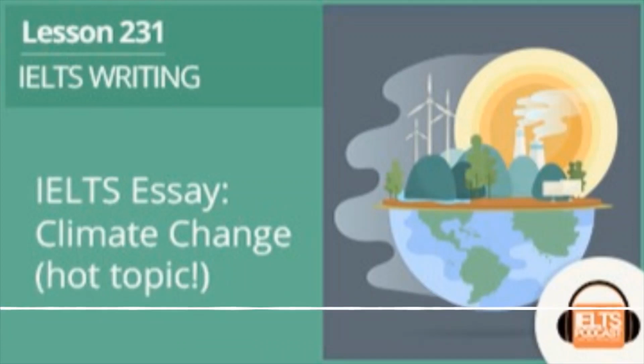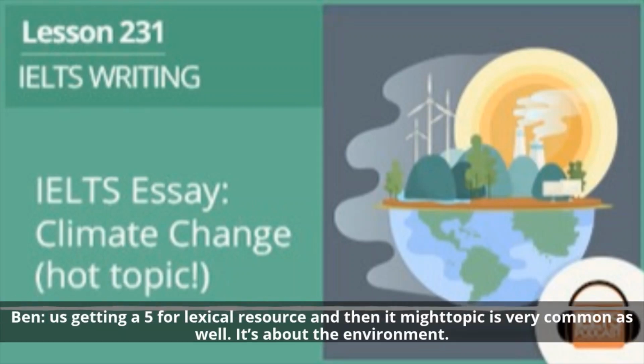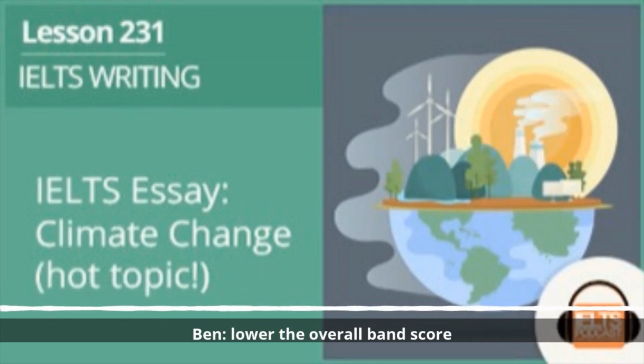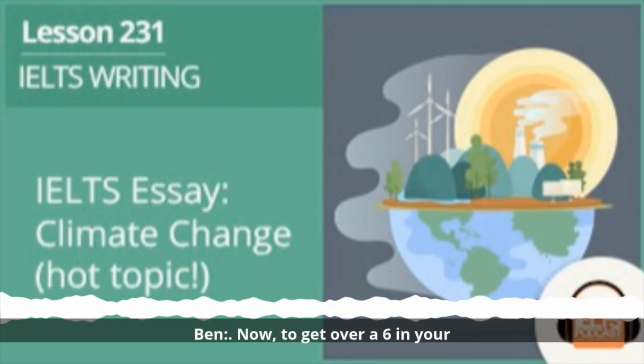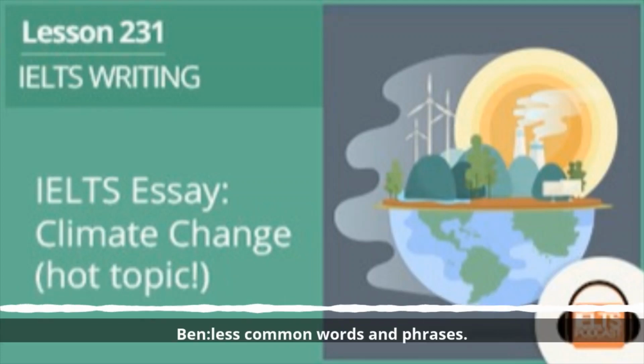And this might end up as getting a 5 for lexical resource, and then it might lower the overall band score. Now, to get over a 6 in your lexical resource, we're going to have to use a range of less common words and phrases.